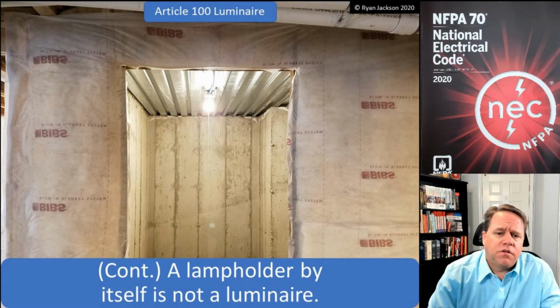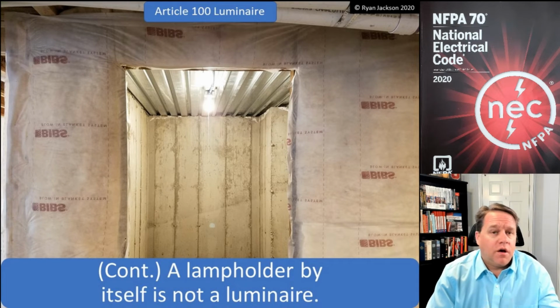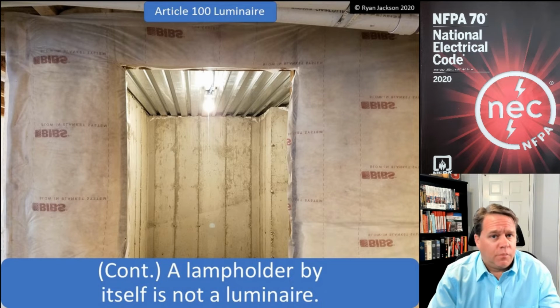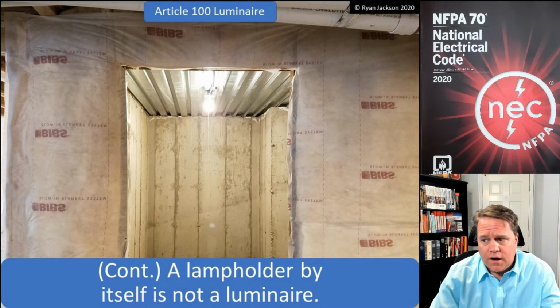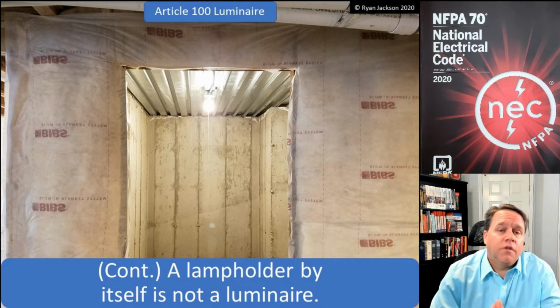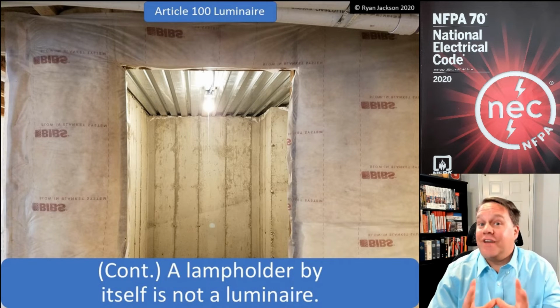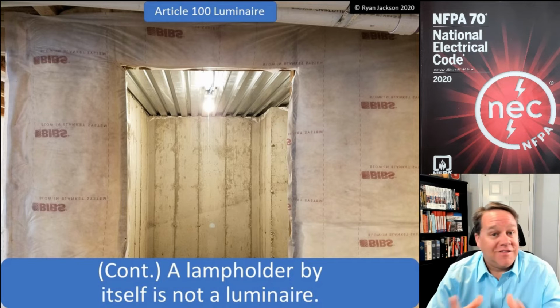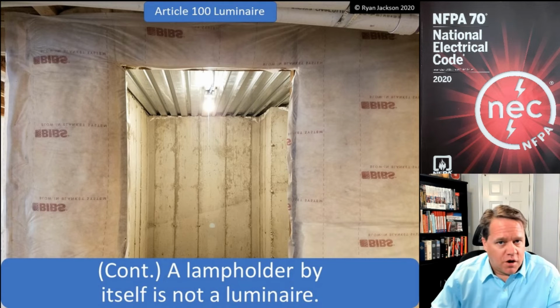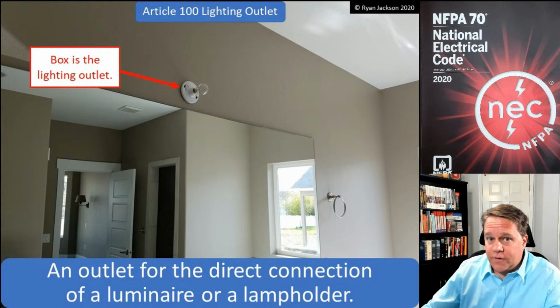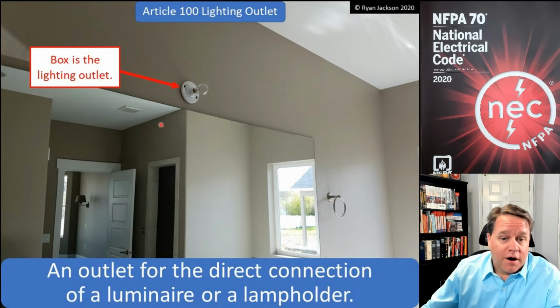So looking at the photograph here, we've got a cold storage room underneath the front porch of a house, and that only has a lamp holder. Is that okay? Yeah, you don't need to have a luminaire. You can have a lamp holder, perfectly fine. But a lamp holder by itself is not a luminaire. So looking at this photograph, that's not a luminaire. That's just a lamp holder.